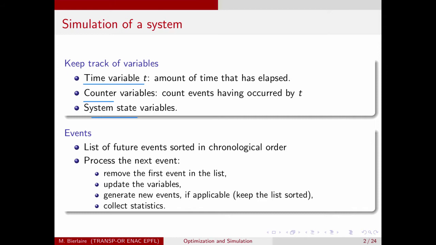We take an event in the list, we remove it from the list, and then we update the variables, and then possibly we generate new events. So the treatment of one event may trigger the occurrence of other events in the future. And finally, we collect statistics because we would like to obtain indicators about the performance of our system. This is why we implement this simulator.